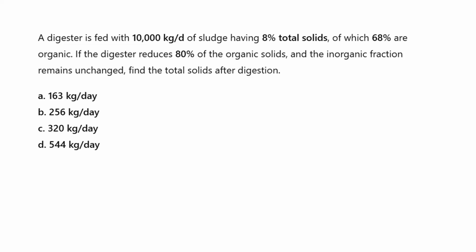If the digester reduces 80% of the organic solids, which means 80% is destroyed and 20% remains after digestion, then we have to find the total solids after digestion.